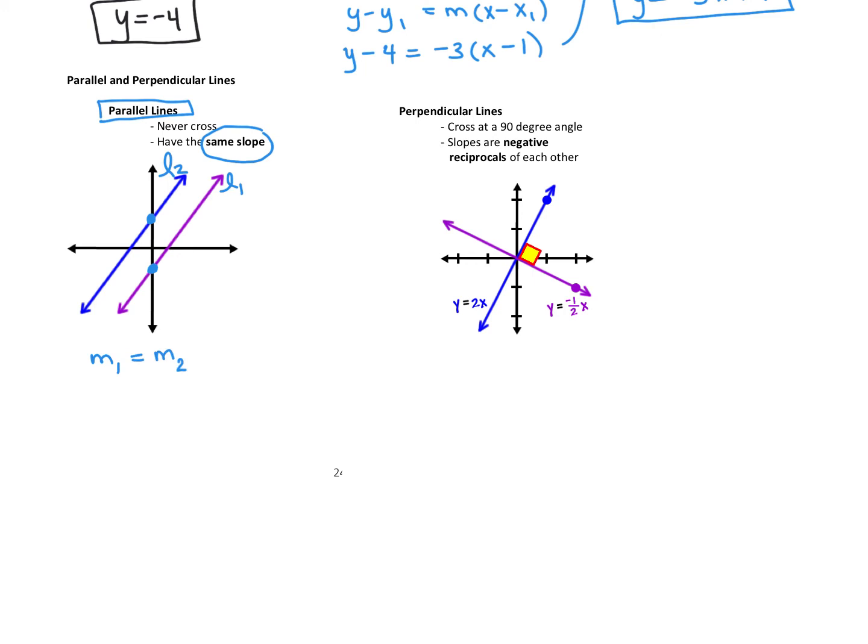Perpendicular lines, they're not going to have the same slope. In fact, they're going to have slopes that are negative reciprocals of one another. In this example below, we know that the lines are meeting at 90 degrees. We have slope 1 being 2, and slope 2 being the reciprocal of 2, which is 1/2, and the opposite sign.